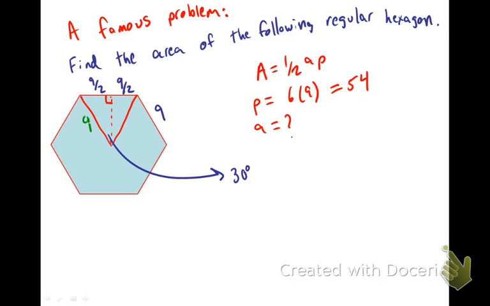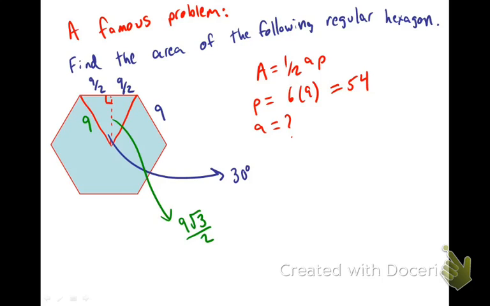And since the sides are in the ratio of 1 to 2 to radical 3, we know the radius is also going to be 9. And that's always going to be true. The radius of a regular hexagon is also going to be the same length as the side of a regular hexagon. And the apothem then is going to be radical 3 times the 1/2 of the base.